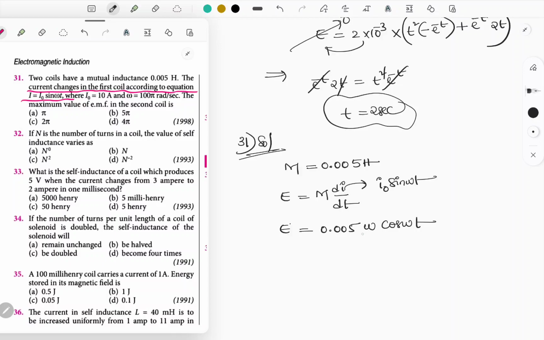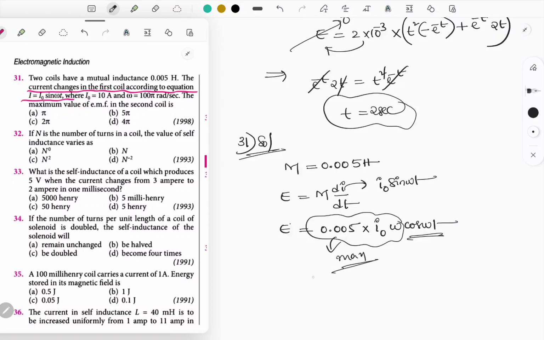Let me repeat this again. I naught is constant, which will come outside. Sin omega t differentiation is omega cos omega t. I need the maximum value. The coefficient of the cos or sin function is the maximum value.